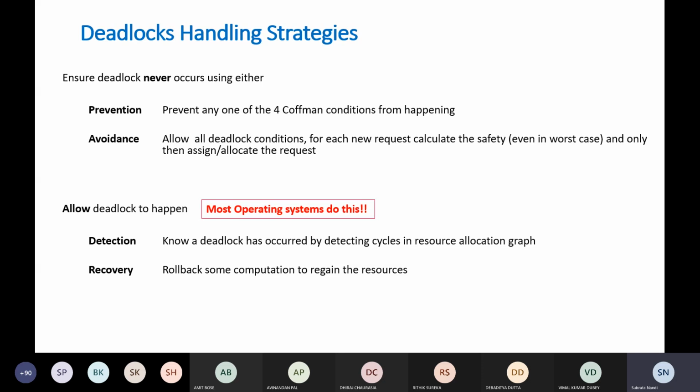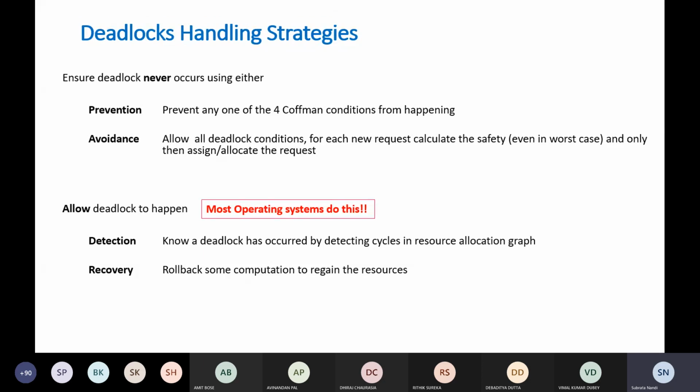So every time a new request comes, you make sure that if that particular assignment is done, it leads to a safe state. State means whatever allocations have taken place, and then you make it happen. If it is not, you keep the process in the suspended state.